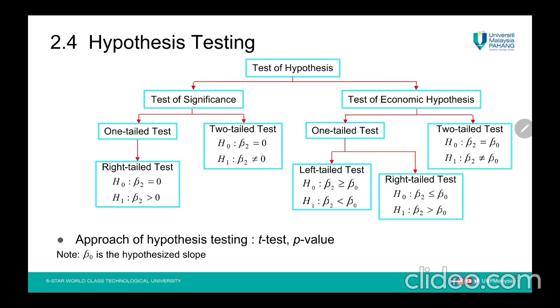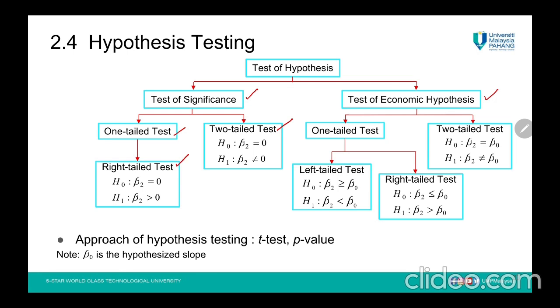In econometrics, tests of hypothesis are divided into two parts: test of significance and test of economic hypothesis. In the test of significance, we have one tail test and two tail tests. For one tail test, the specific test here is the right tail test.